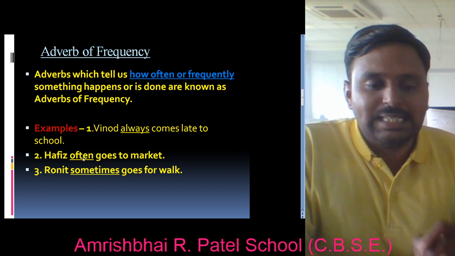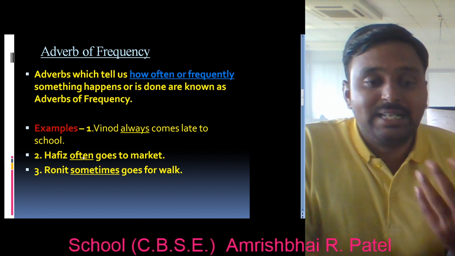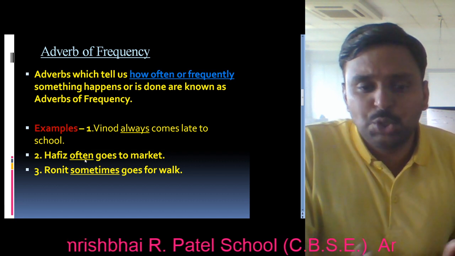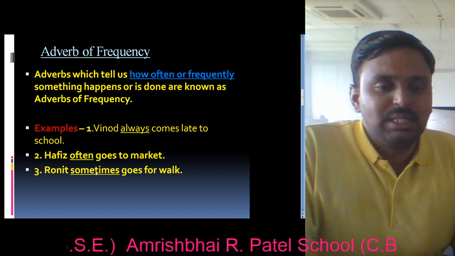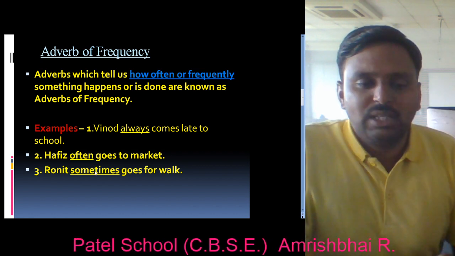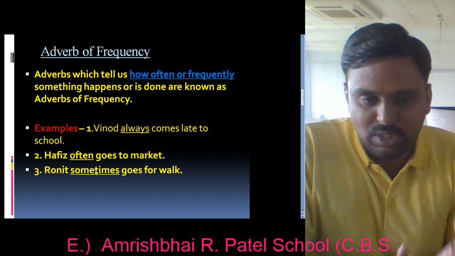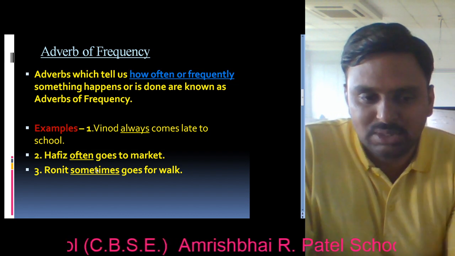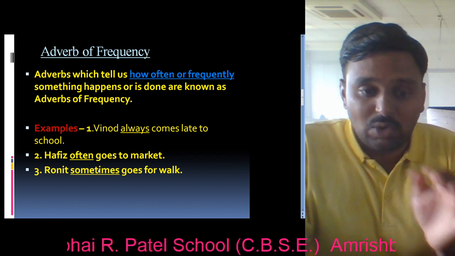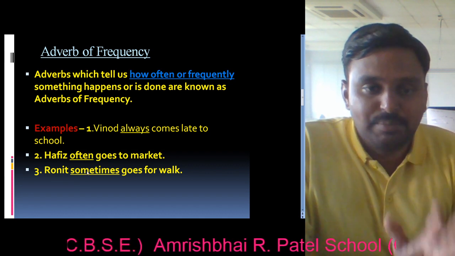So often is an example of an adverb of frequency because it tells you how many times Hafiz has gone to the market. Next example, Ronit sometimes goes for a walk. Now in this example, sometimes tells you how many times, a few times, Ronit has gone for a walk. So these are all the words and examples like always, often, sometimes.